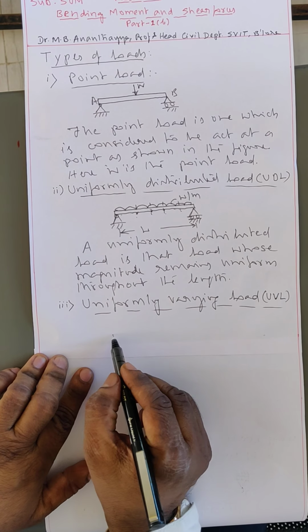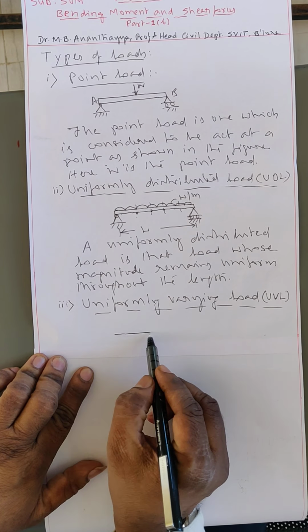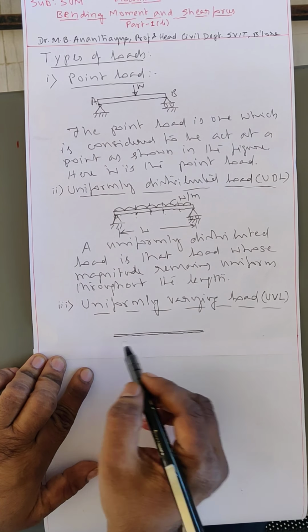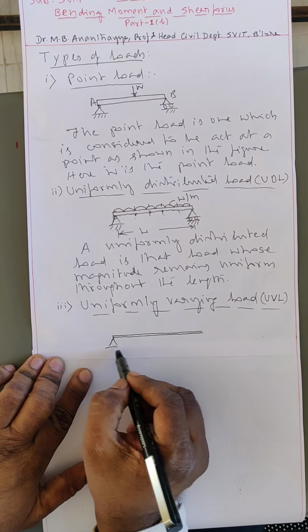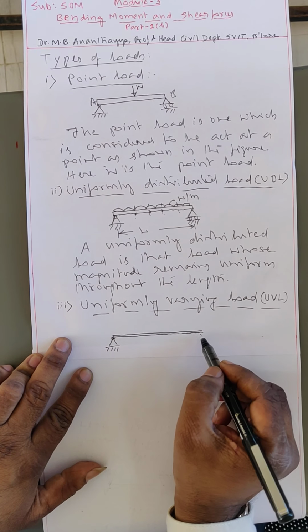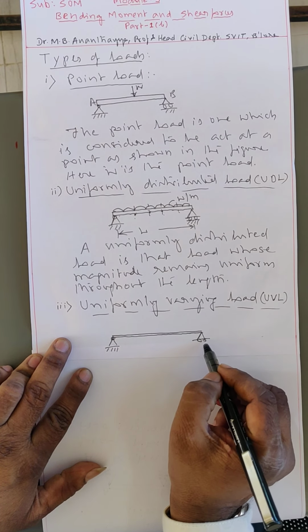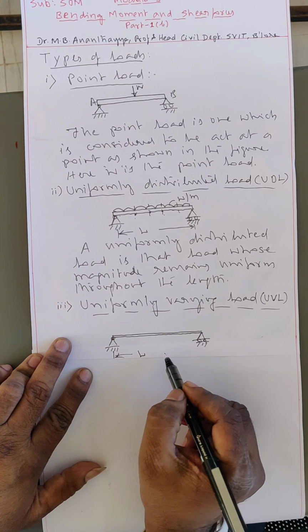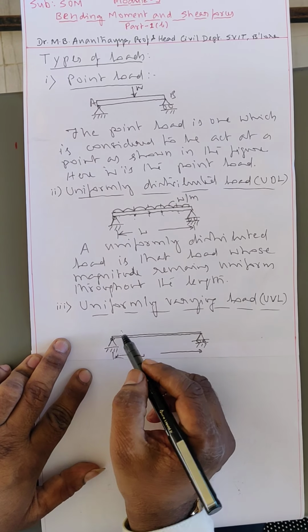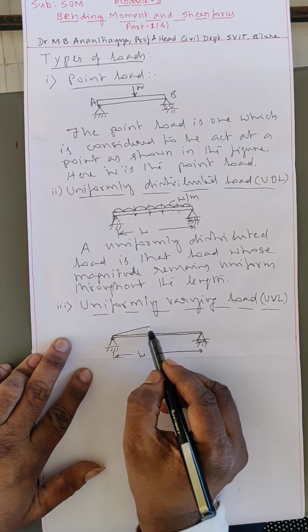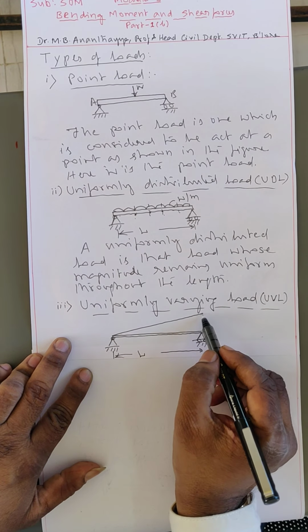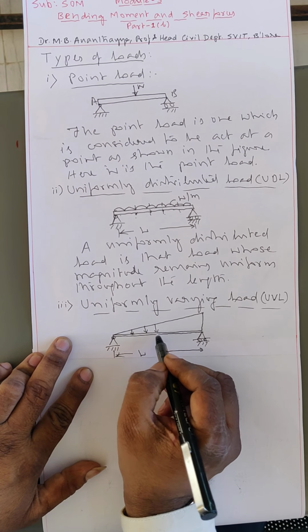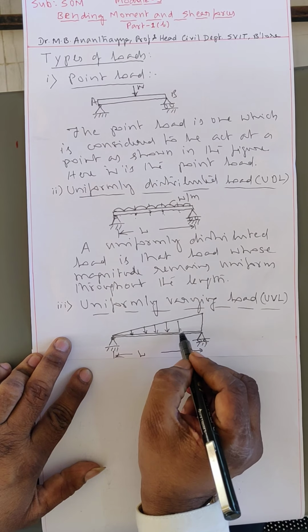For example, I am drawing a figure here. This is the beam. Here it is a hinge support, here a roller support. This is the span L. The representation of the uniformly varying load is also called a triangular load.